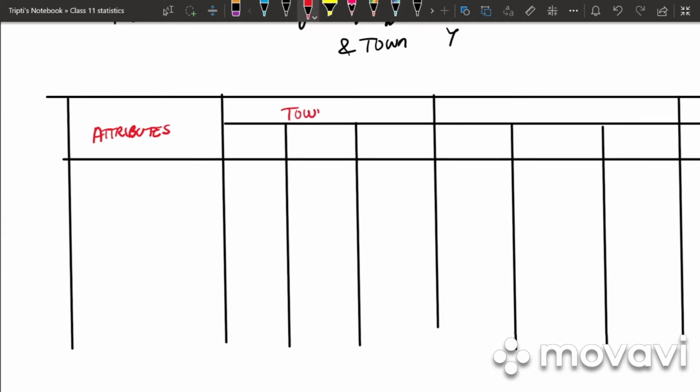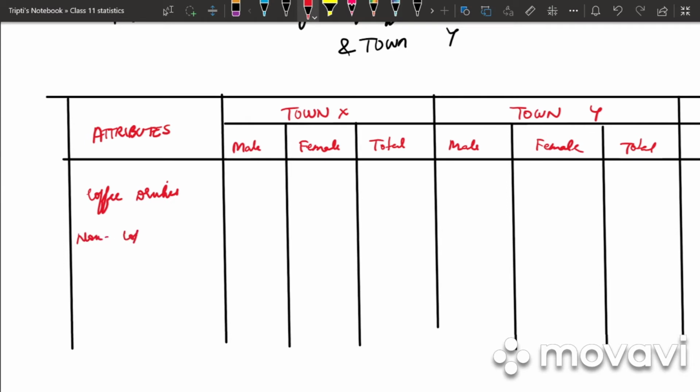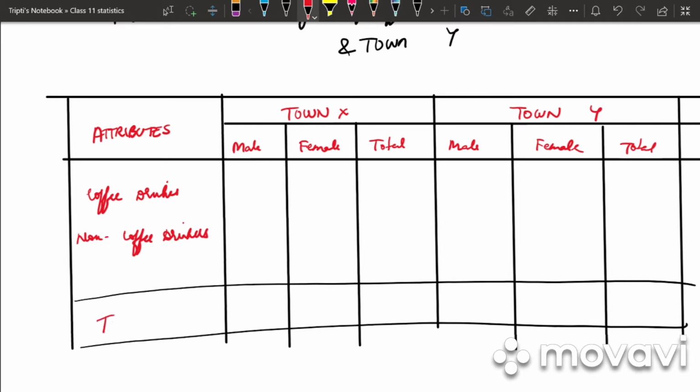Then we have town X, town Y. Under attributes we will have coffee drinkers and non-coffee drinkers. And the last row that we'll be having is total.